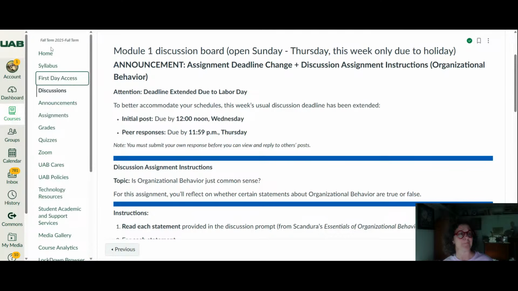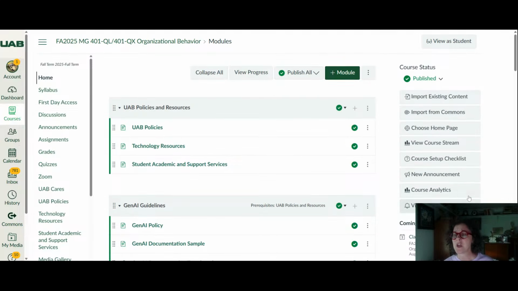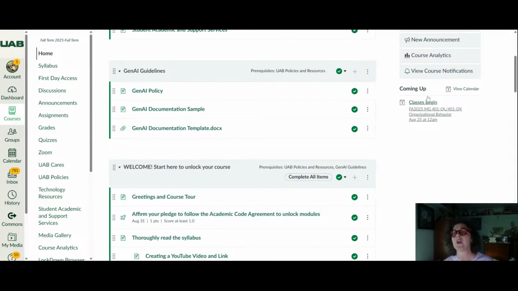All right, let's take you back to the home page. There's two other things I want to show you on the home page. You'll notice in your Canvas courses at the menu on the right side, you have a coming up, which tells you everything that's coming up during the semester that's going to be due for you. And you have a calendar view so that you can look at a calendar format of when assignments are due.